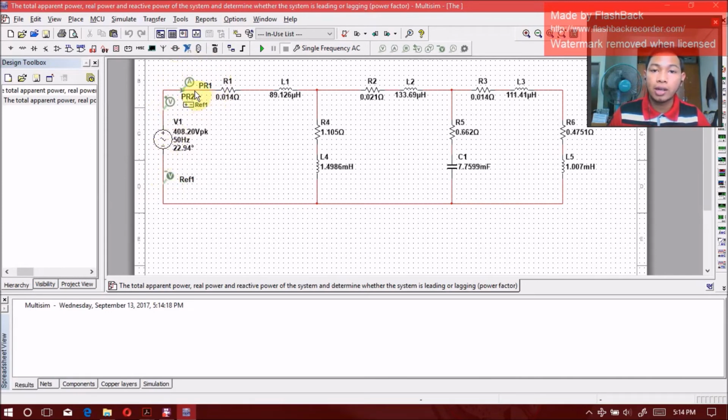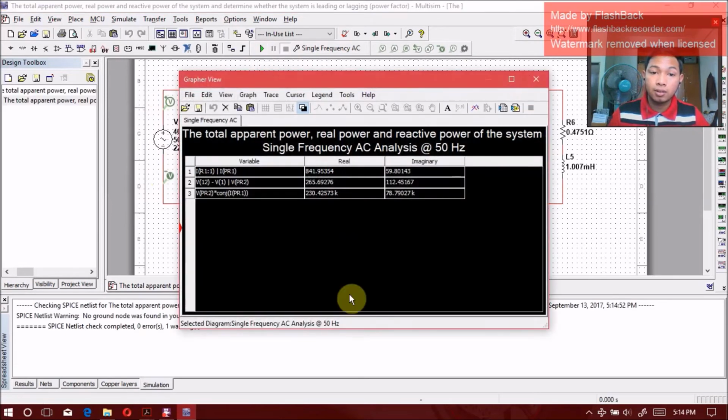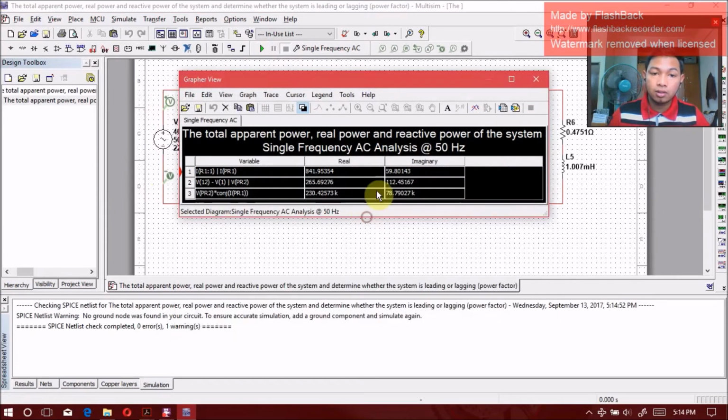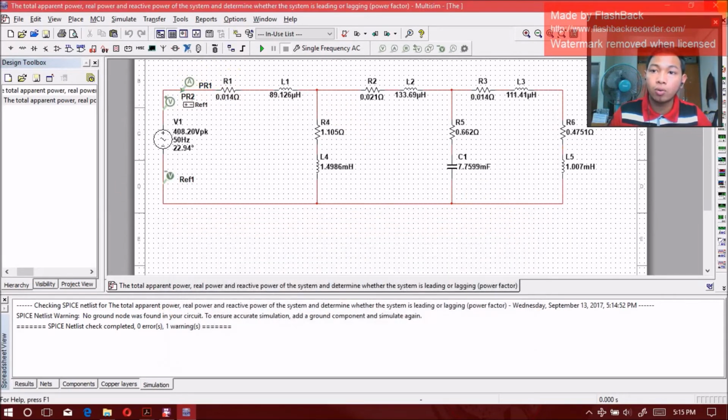Then you just need to start it and calibrate. So this is the current, this is the voltage, and this is the total apparent power. This is the real, 230.425, and this is the imaginary, 78.79.